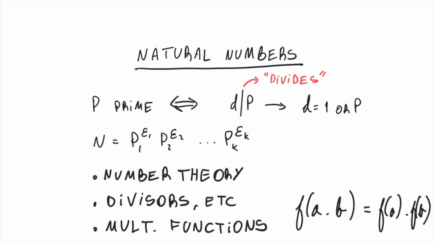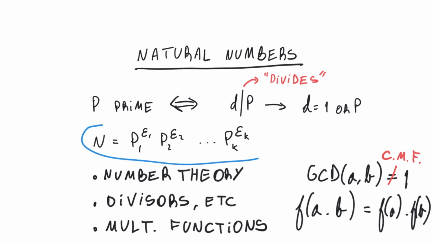As I mentioned, for multiplicative functions, the greatest common divisor of a and b has to be 1 for this to hold. But for completely multiplicative functions, this condition is dropped. So, as you can see, if you can factorize a number, that means find the p1, e1, and so on here, then you can find the divisors, and then you can compute multiplicative functions very easily.